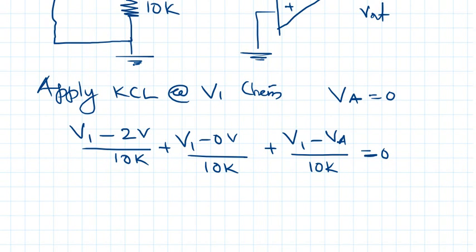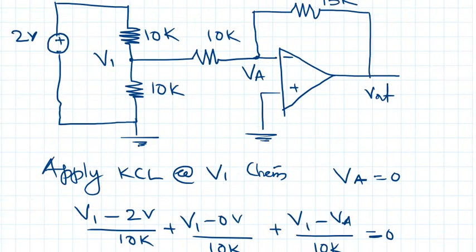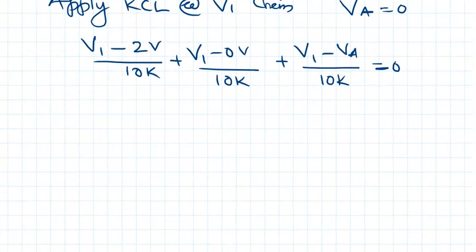Then we can say V1 minus 2 voltage, V1 and V1 minus V0.